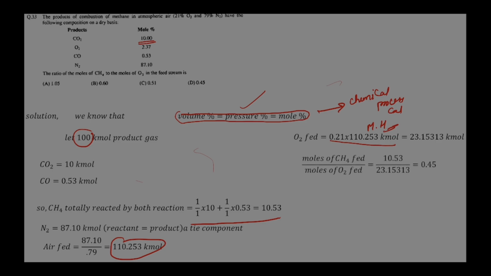Straightforward. But I request you guys, it doesn't matter how simple the question of process calculation is. Sometimes it seems very simple, but approach these questions at the end, after all the questions you have done. Process calculation should be given preference at last.